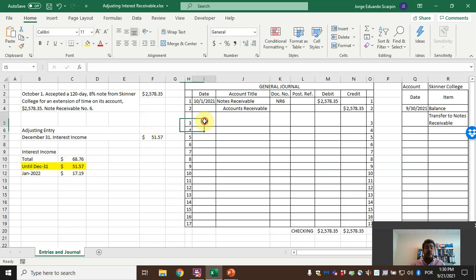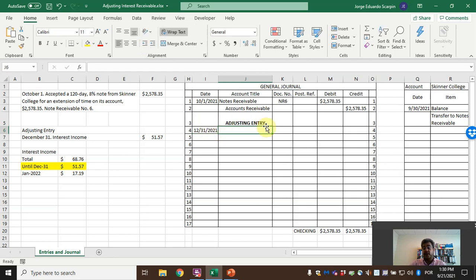What is our journal entry? So here, adjusting entry, December 31st, just like any other adjusting entry. We don't go to notes receivable.